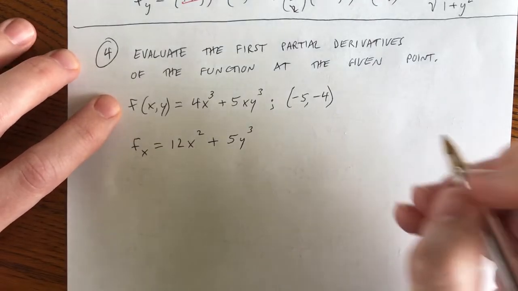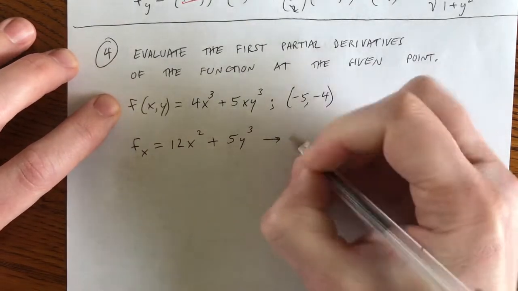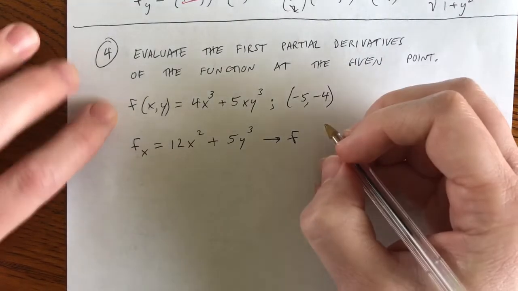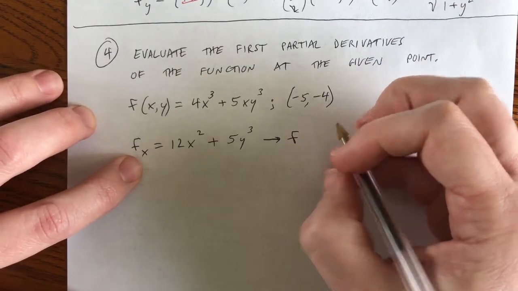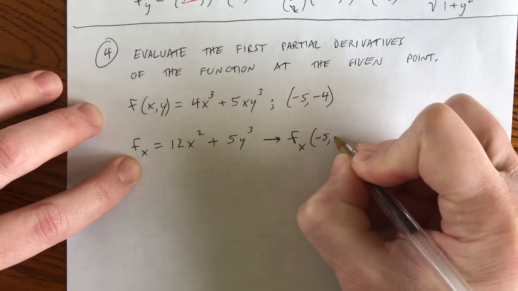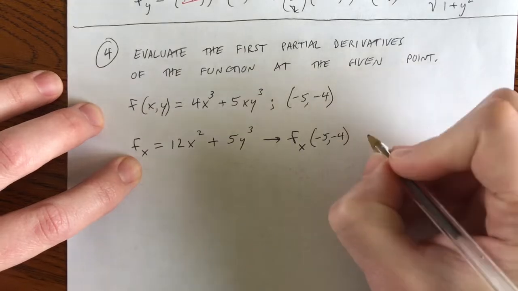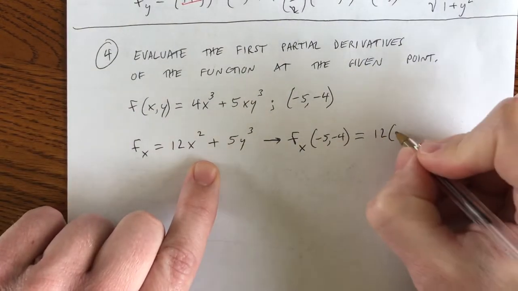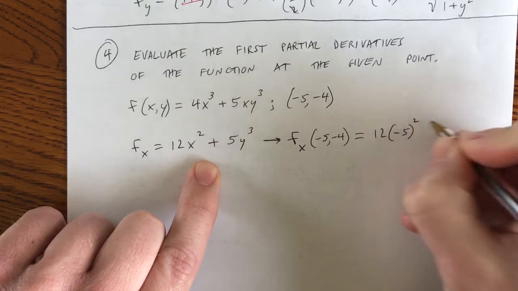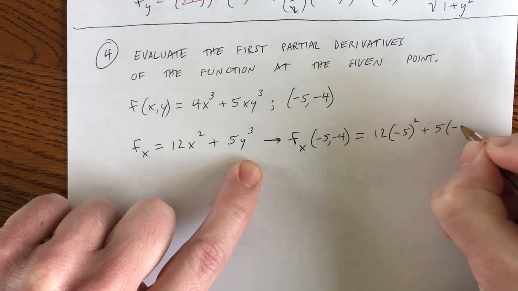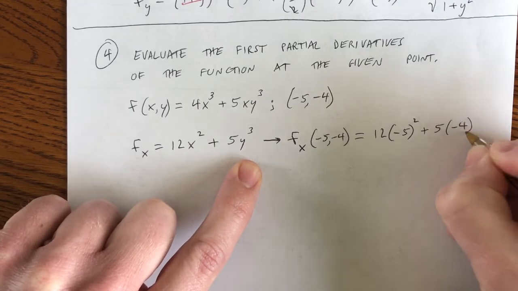Okay, now what we want to do is determine what the value would be of this first partial with respect to x at this point. So we would now write this, and it would be equal to whatever you would get here if you replace the x with the -5, and if you replace the y with a -4.